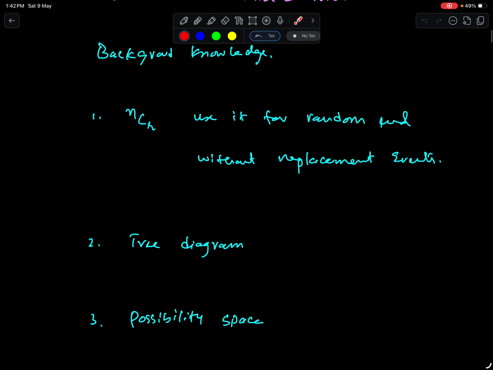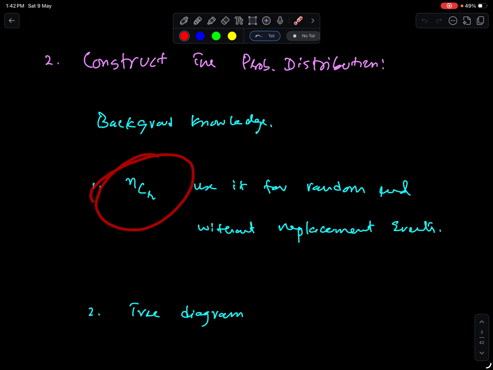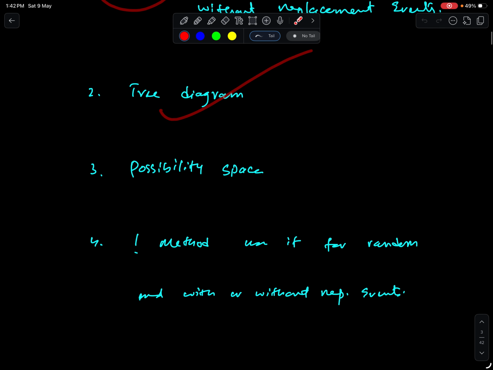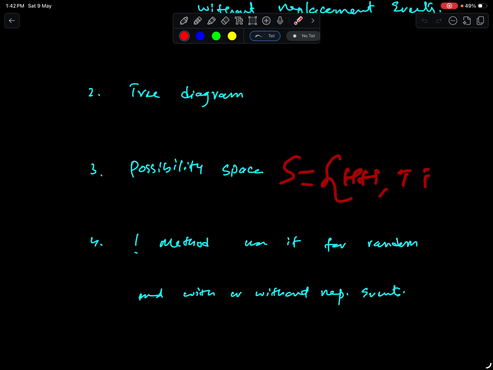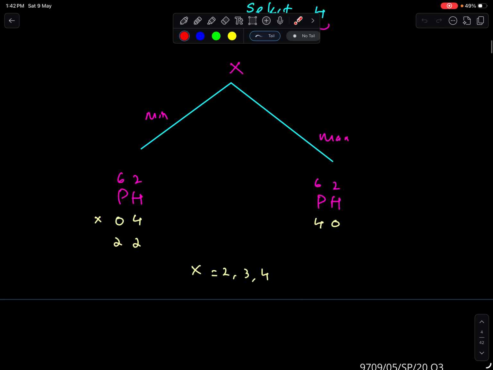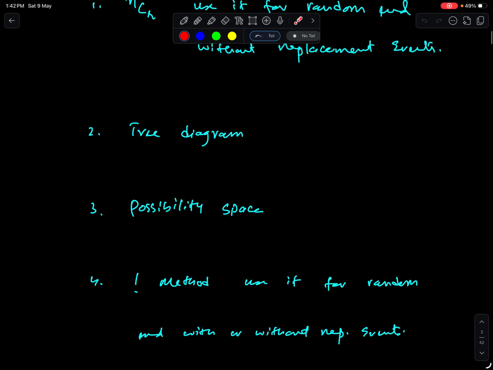So, for this chapter, we must know how to use nCr, tree diagram, possibility space like this. If you toss two coins, head head, head tail, tail head, tail tail, these outcomes, this is sample space. Possibility space is a different thing.